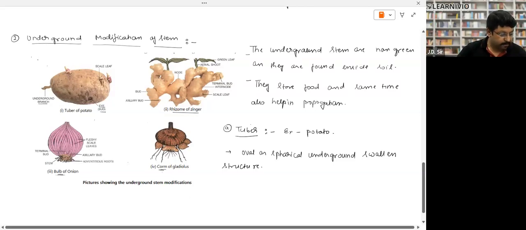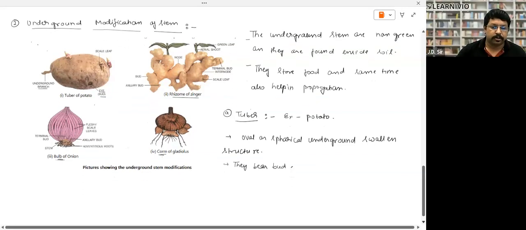And example, I have just told you, potato. That's it. So this is the tuber.